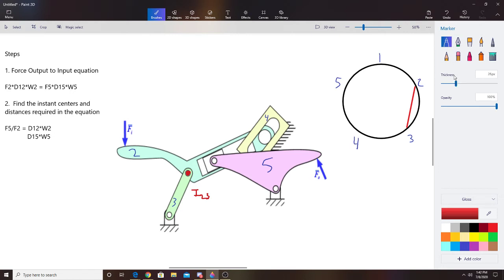But we'll just keep note of that. I don't want it to clog up the drawing, but just keep note that right here there is I24, between 2 and 4. All right. This one right here is I51. So I51 is right here.